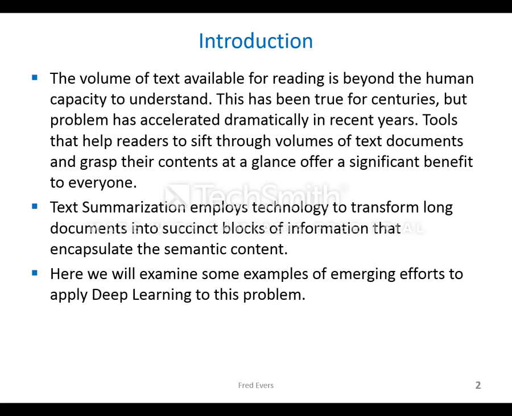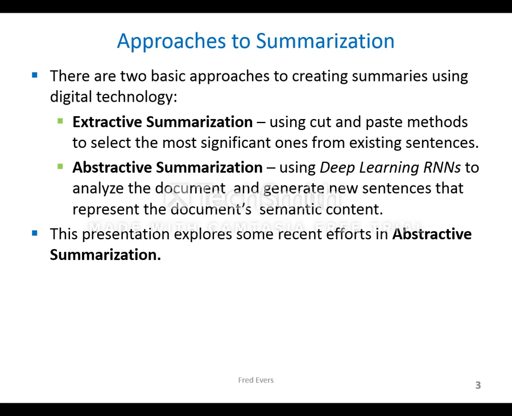As it turns out, there are two fundamental approaches to text summarization. The first one is called extractive summarization, and that's a more typical approach. It involves a kind of cut and paste approach to a source document, where people will go into a source document and essentially edit it.